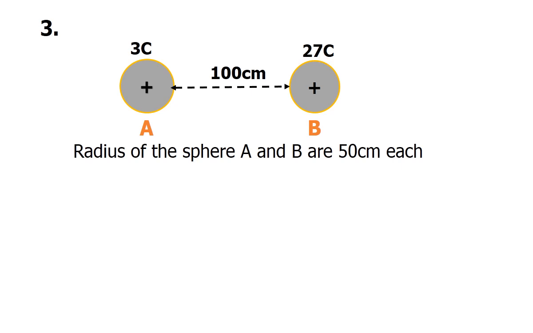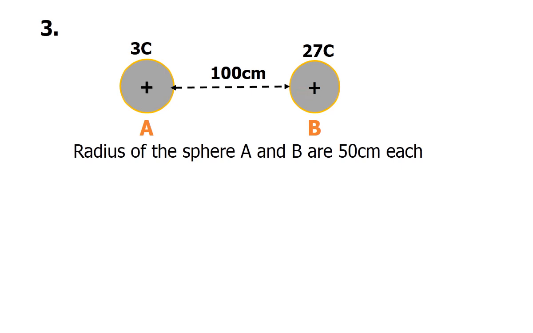The distance between two charges is given 100 centimeter from surface to surface. In that part, that is very important, the distance between surface to surface, and the radius of the sphere A and B are 50 centimeter each. That means from the center to the surface the distance is 50 centimeter for each charge.